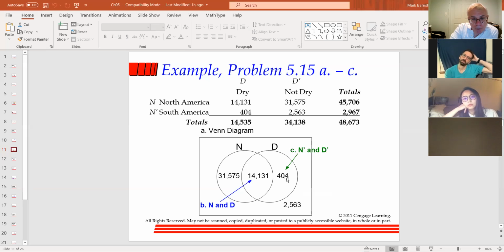What's the sum of these three numbers mean? If I added these three numbers here, what would I get? You would get the number of wells that are either North American or dry or both.